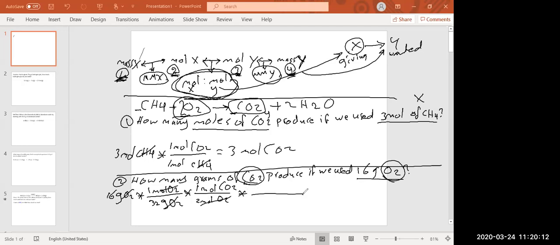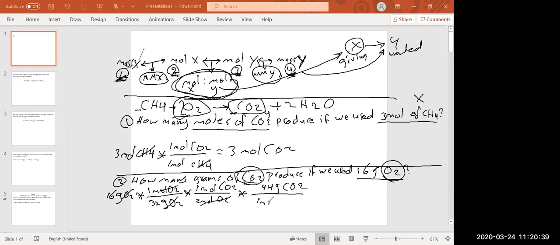We need to go to step 4 by using the molar mass of Y, which is the CO2 here. How you will write it down, which one will go to the bottom, which one will go to the top, the gram or the mole. They are asking for the gram, so it will be the molar mass of CO2 here, 44. So 12 for the carbon, 2 times 16 for the oxygen, add them together, give you 44 gram CO2.